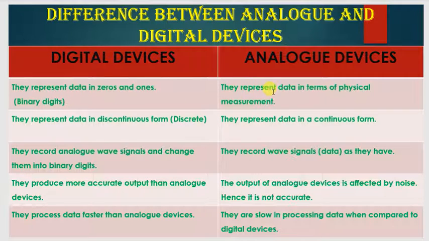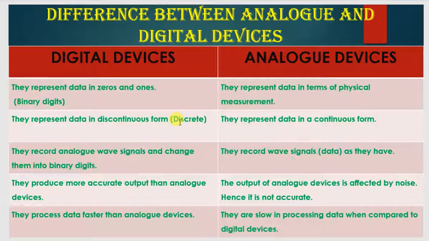And we can also see that analog devices represent data in terms of physical measurement. The next one, digital devices represent data in a discrete form. Okay, they are not in the form of analog signals. So we can say that they are discontinuous.